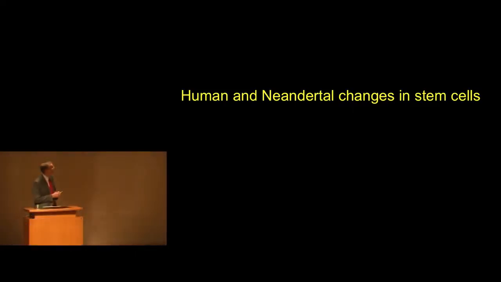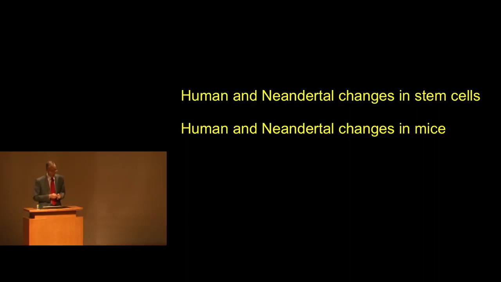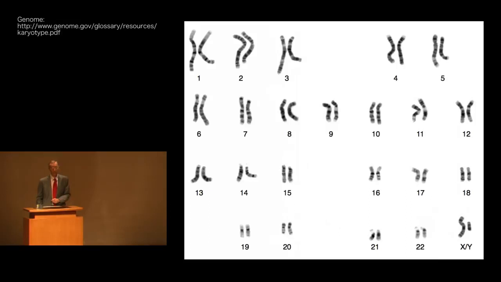You could introduce these human and Neanderthal-specific changes in stem cells, particularly induced pluripotent stem cells that were discovered at this university, of course, by Shinya Yamanaka, as you are well aware. What you can also imagine to do in the future, I think, is to introduce these changes into animal models, such as laboratory mice. And I want to end by illustrating this to you with a gene that we have studied a lot over the past 10 years.